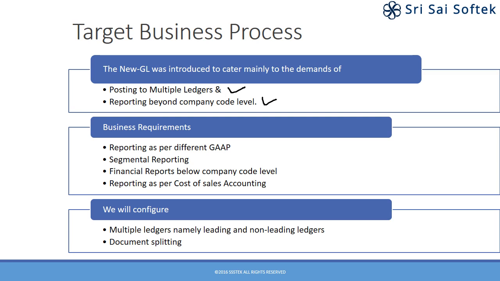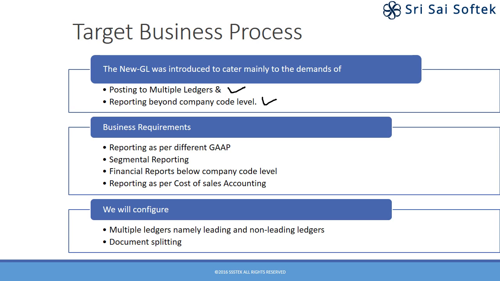By posting to multiple ledgers, we mean you may have a requirement to generate the financial reports for different types of accounting principles. So you may need different ledgers for the same. The new GL enables this by what are called leading and non-leading ledgers.